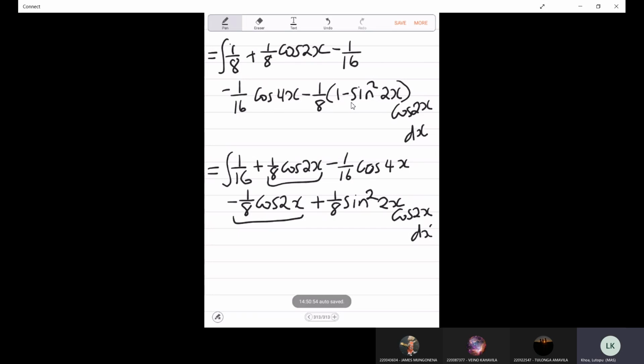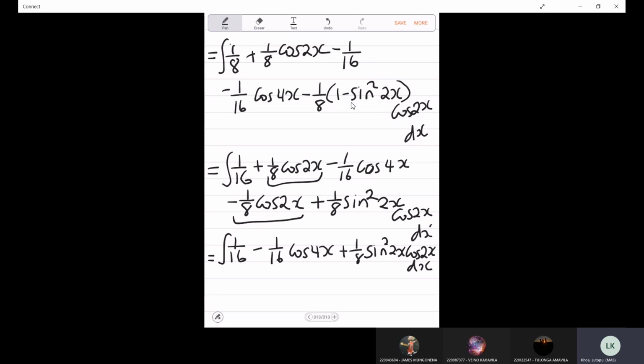So I have the integral of 1 over 16 minus 1 over 16 cos 4x, and then 1 over 8 sine squared 2x cos 2x dx.